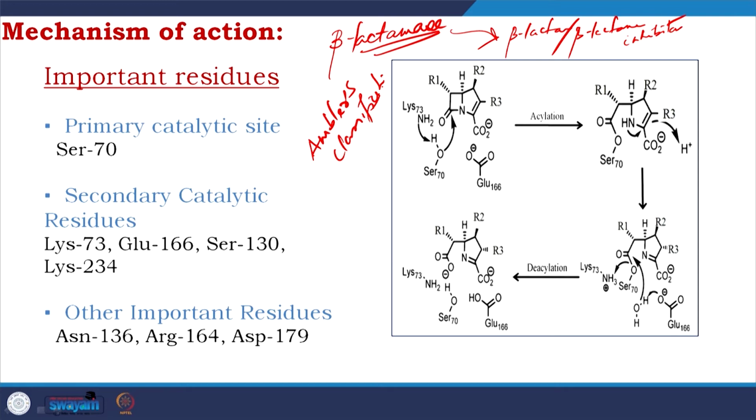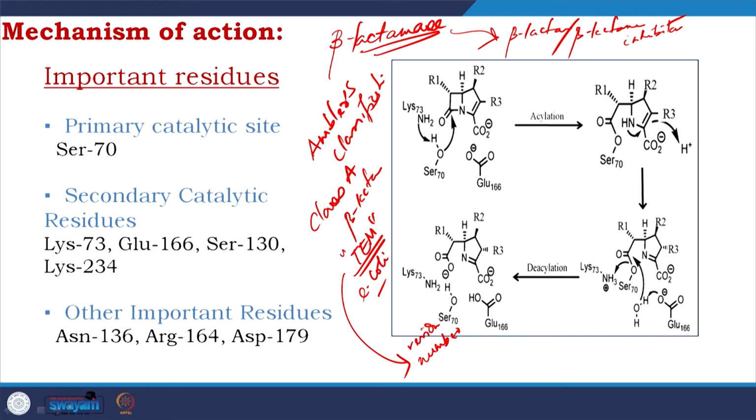What is Ambler classification? When you are talking about class A beta lactamase, you take the enzyme TEM from E. coli, record its residue numbers, and when talking about others, you will refer to this numbering.